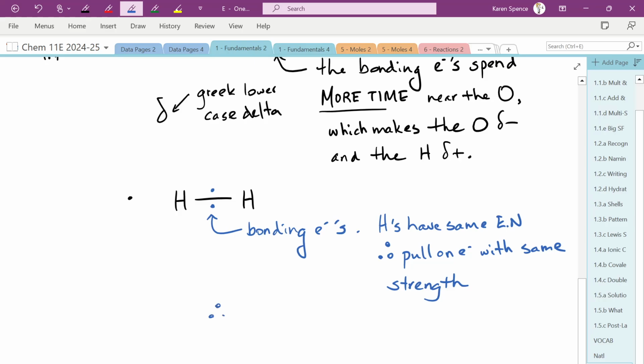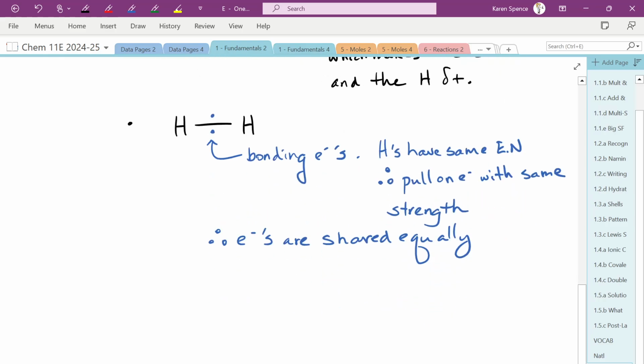Okay, and therefore the electrons are shared equally, and neither hydrogen has a positive or negative charge.